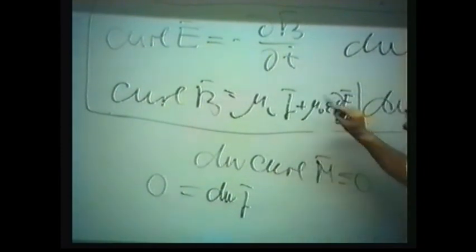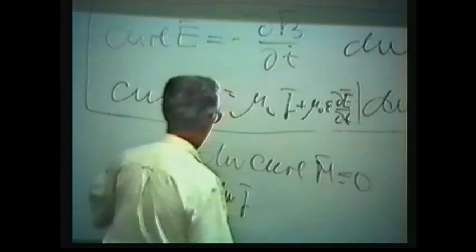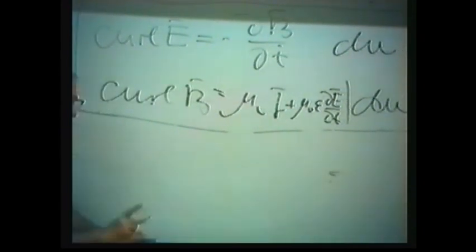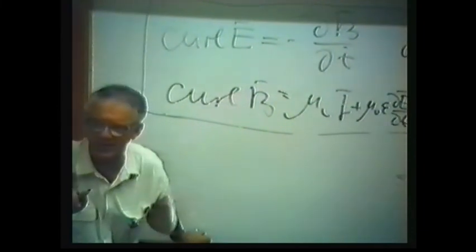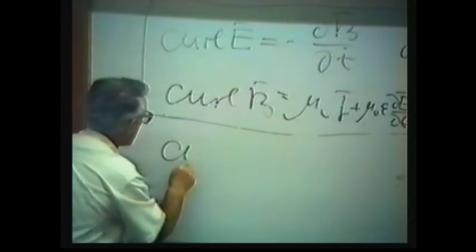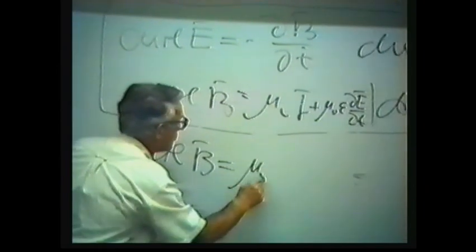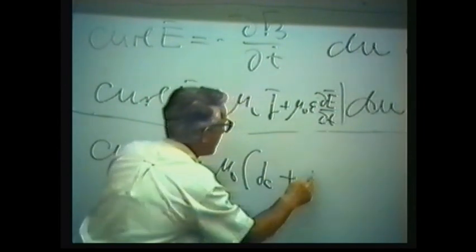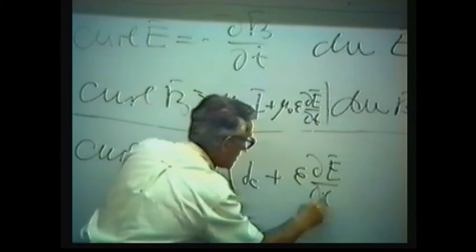And this term, epsilon naught dE dt, let me rewrite this equation. So he assumed, it didn't follow from any physical law, unlike previous cases, that curl B equals mu naught times conduction current plus epsilon naught dE dt.